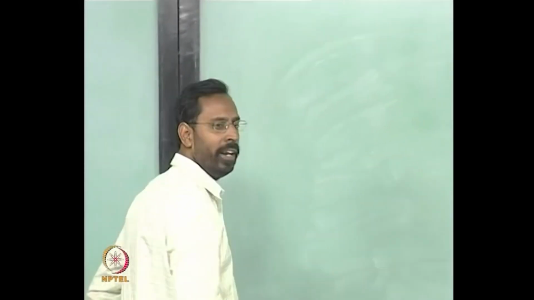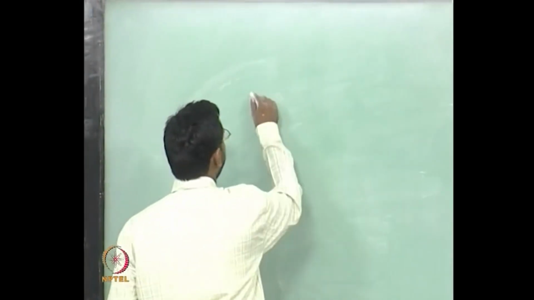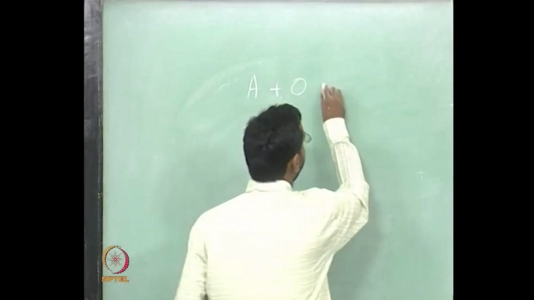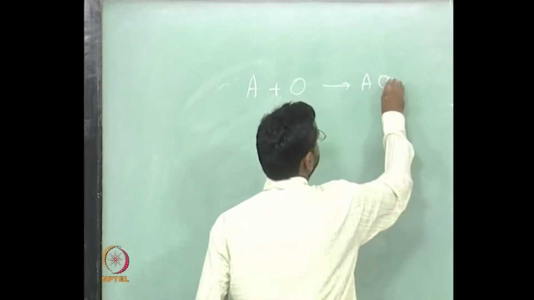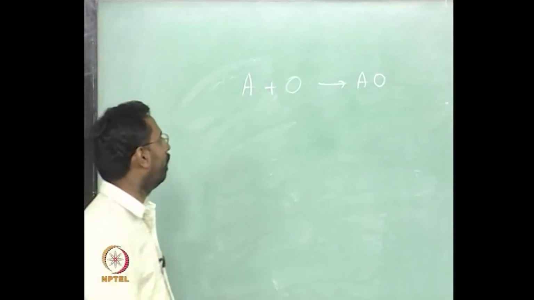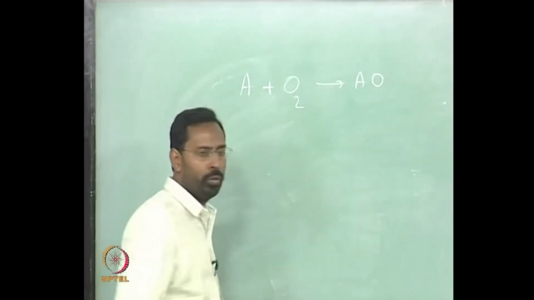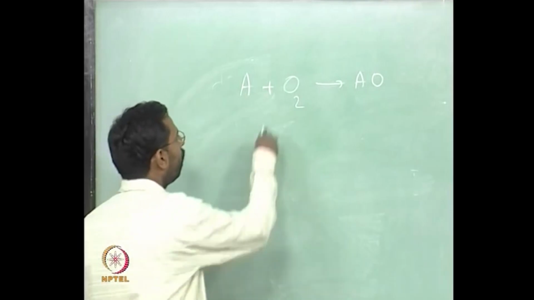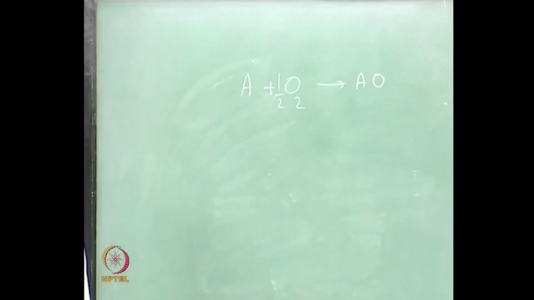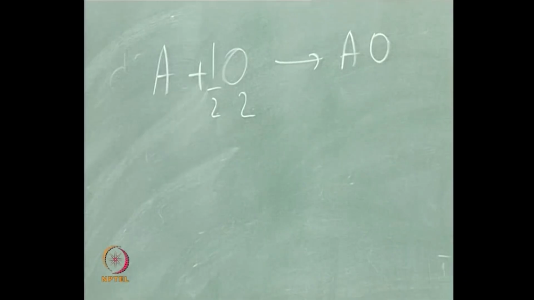For that matter, let us simply take up a simple case where A reacts with O and gives you AO. You can also call it O2 and then take half of it if you want, and say that A gives you AO with one half mole of oxygen.